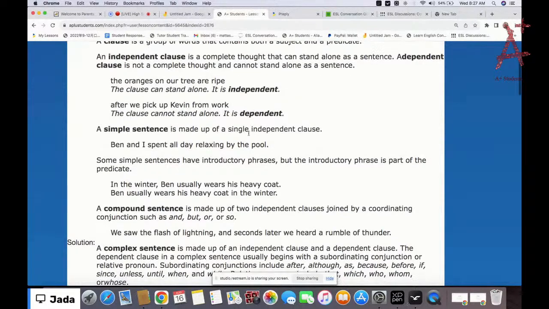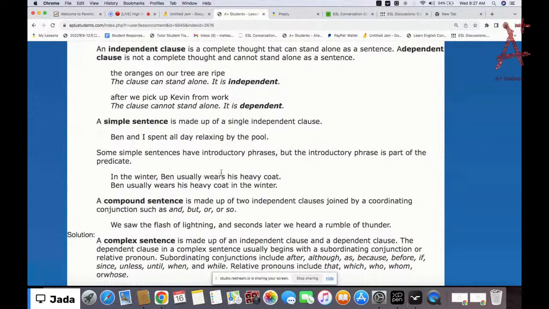Some simple sentences have introductory phrases, but the introductory phrase is part of the predicate. For example, it says, in the winter, Ben usually wears his heavy coat. The introductory part is added to the predicate.